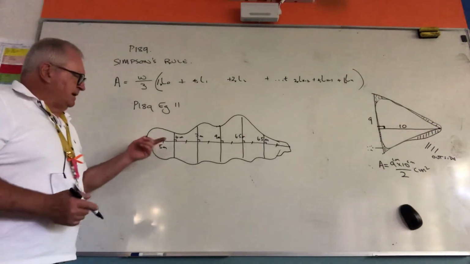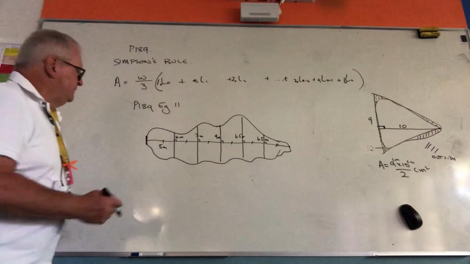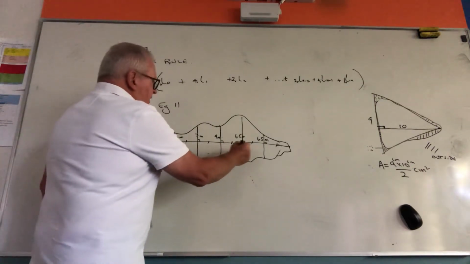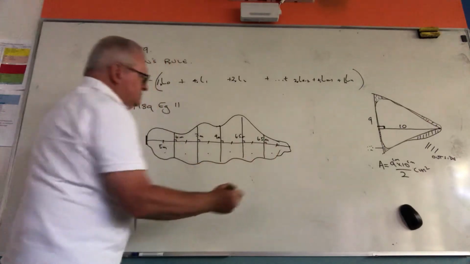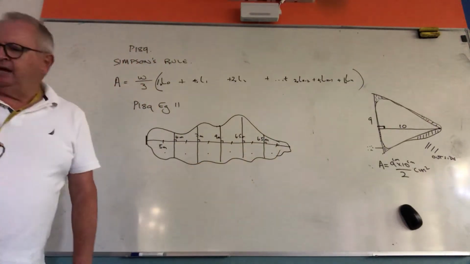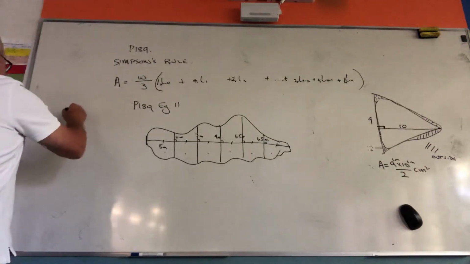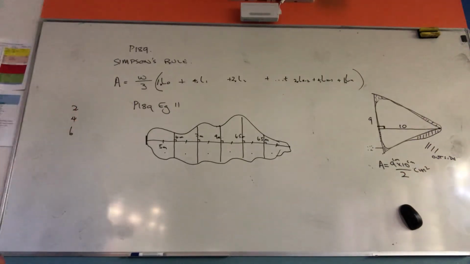Now, but let's just have a look. There are 1, 2, 3, 4, 5, 6 spaces. When you have a look at the other questions, the one above it, there are 4 spaces. The one on the other side, there are 2 spaces. This one has 6 spaces.